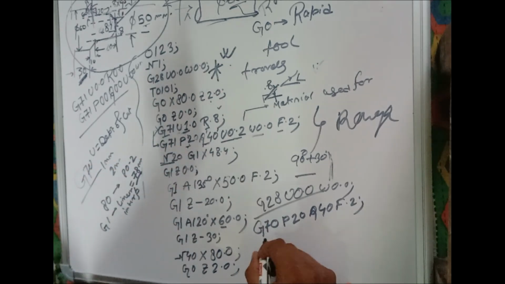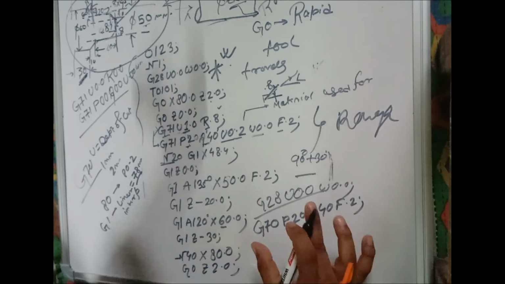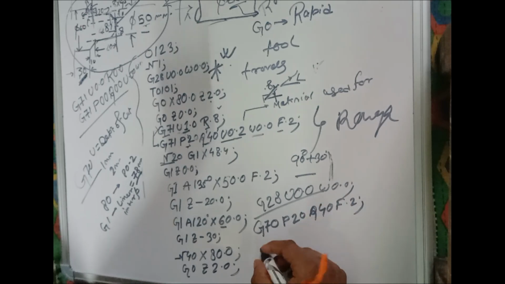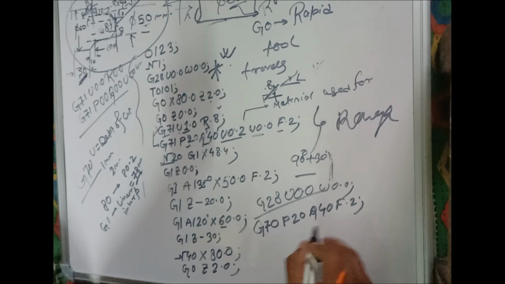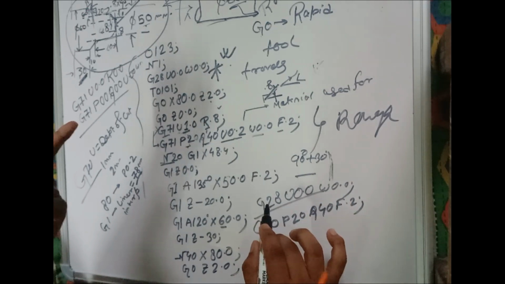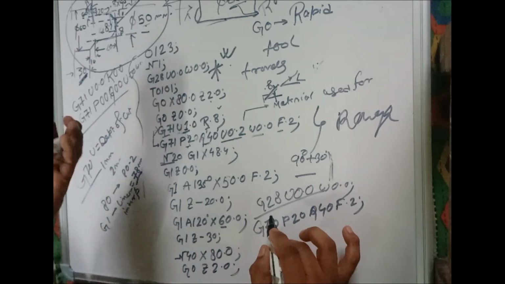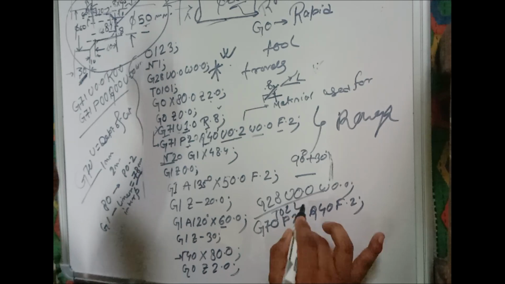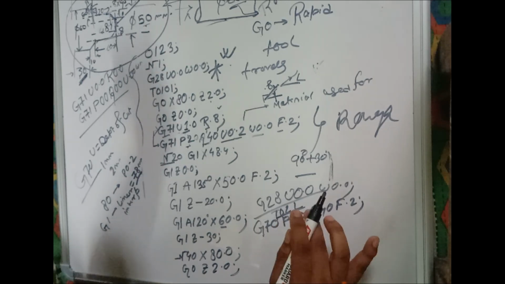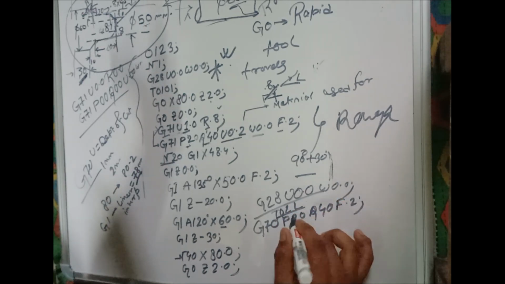After that the finish cycle will be accomplished. After that it will return to the home position. Which tool number will you use? You may use tool number 1, also you may use tool number 2. Whatever you use, it will depend on you.